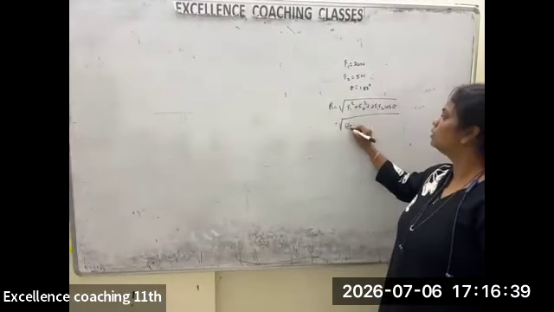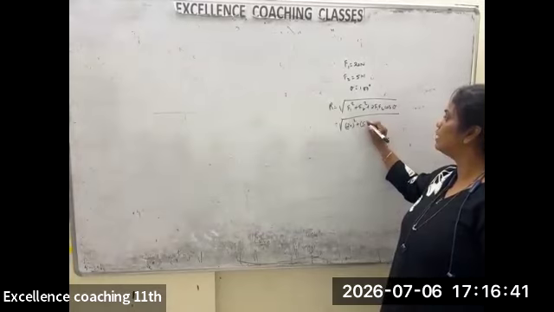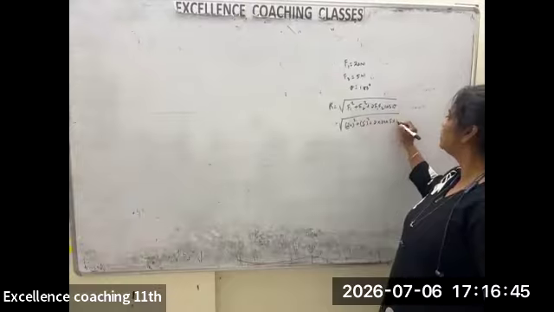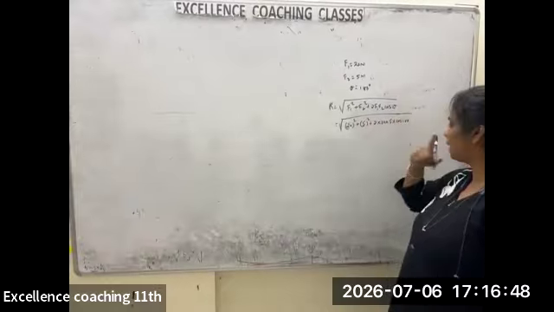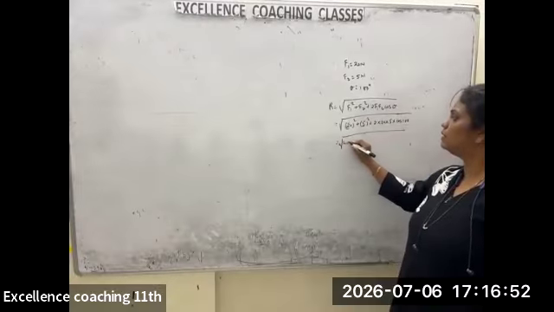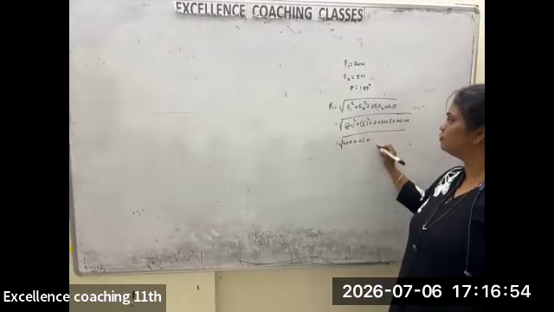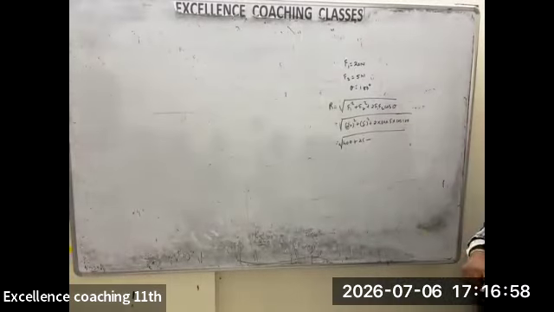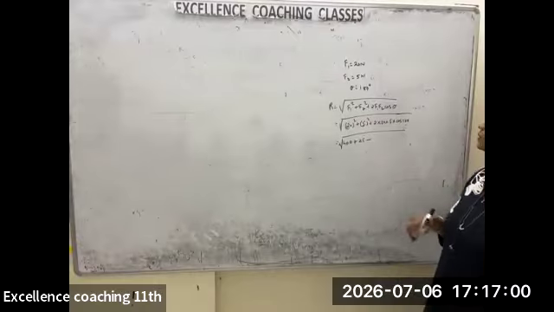So 20 square plus 5 square plus 2 into 20 into 5 into cos 180. So how much is this? 400 plus 25 plus minus, because cos 180 is minus 1.